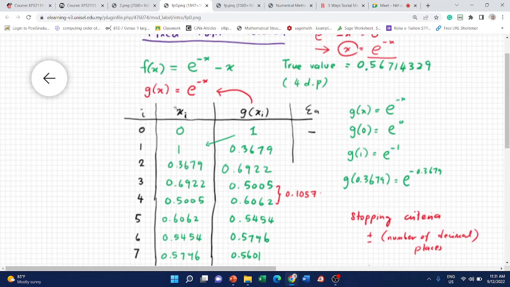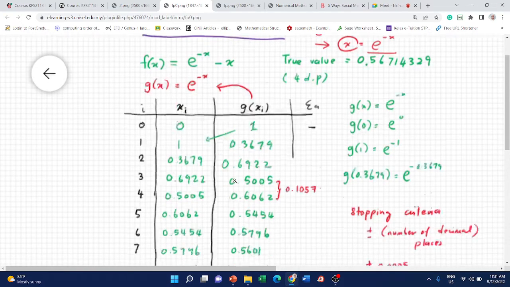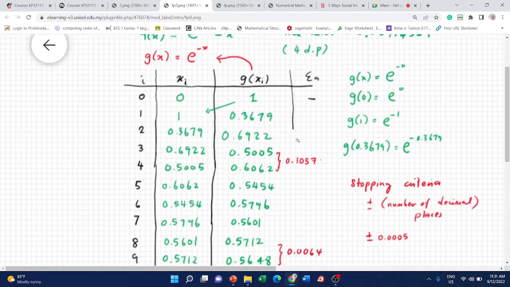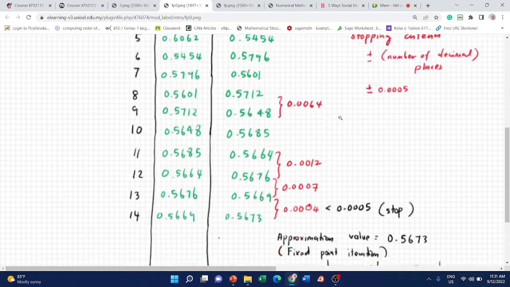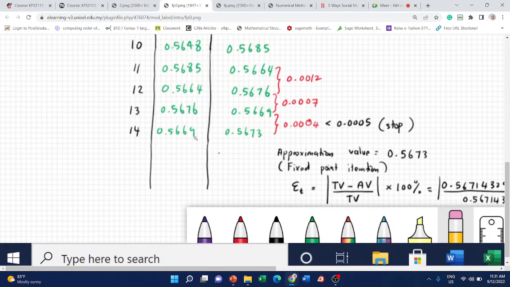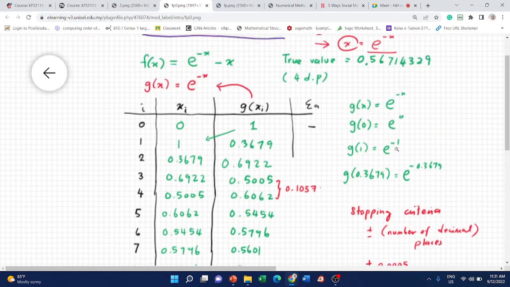However, the most important part of fixed point iteration is your expression for g(x). In this case it's very simple, because the true value here is 0.56714. When we use fixed point iteration, you have 0.5673. You can see it's almost similar. We didn't get it exactly, but it is within the range.